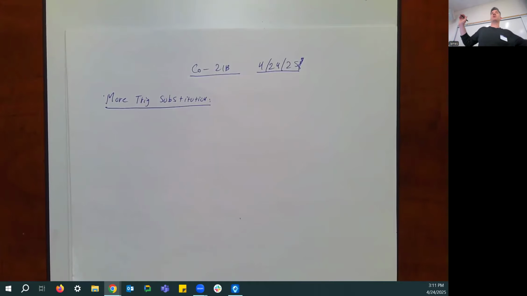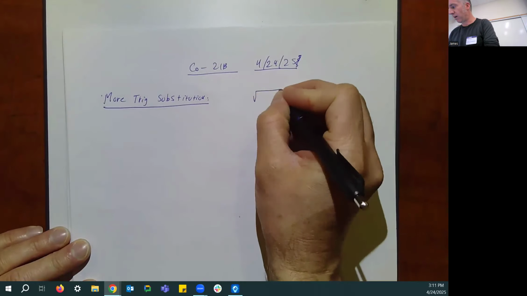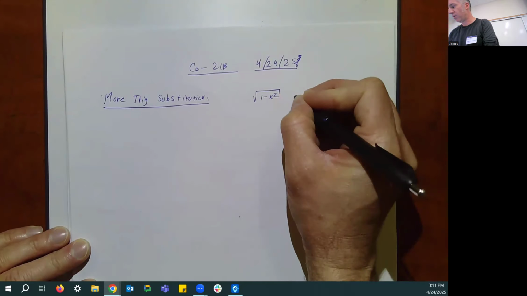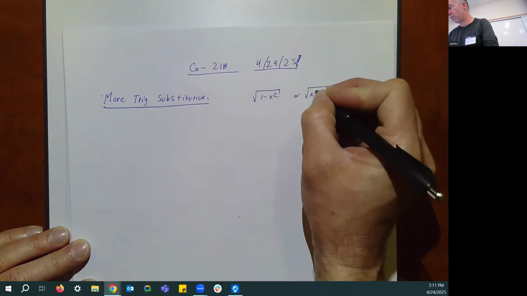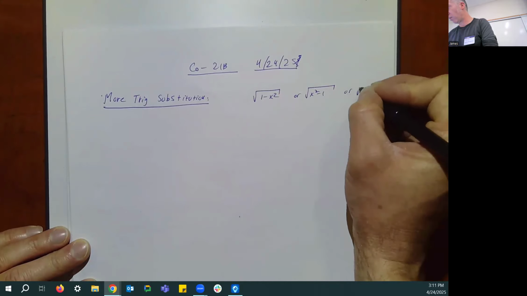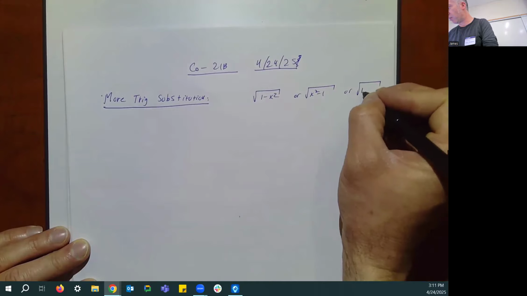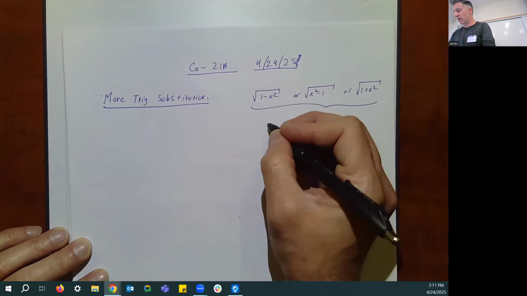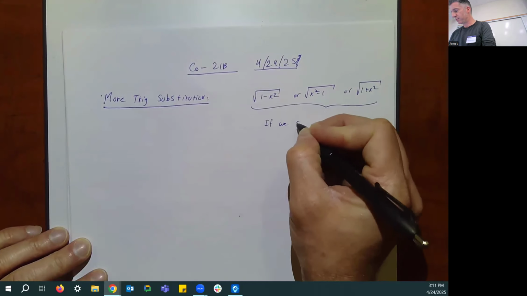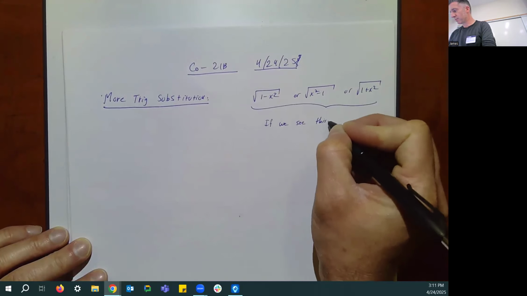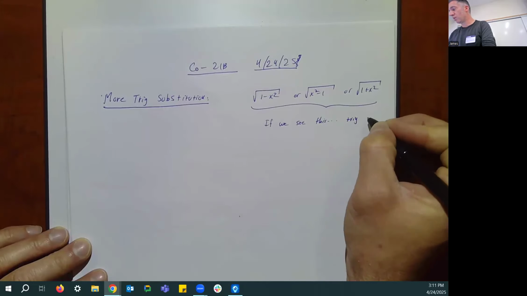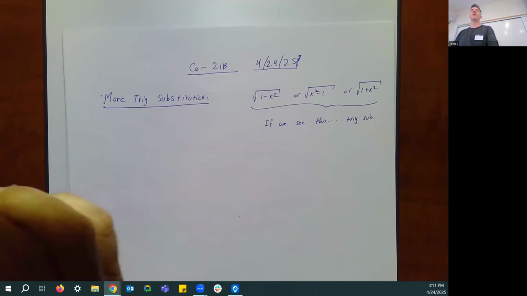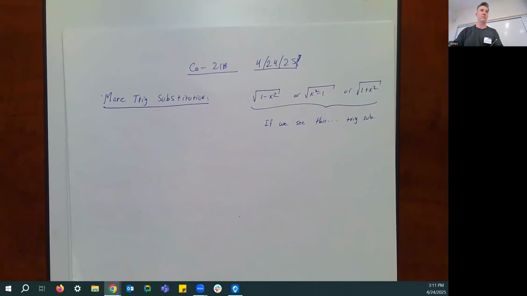But if it's not a mixture and you've got something like a square root of 1 minus x squared, or a square root of x squared minus 1, or a square root of x squared plus 1, or 1 plus x squared, these are the kinds of things that think, okay, if we see this, trig sub is usually where it's at if you have eliminated the other possibilities first.